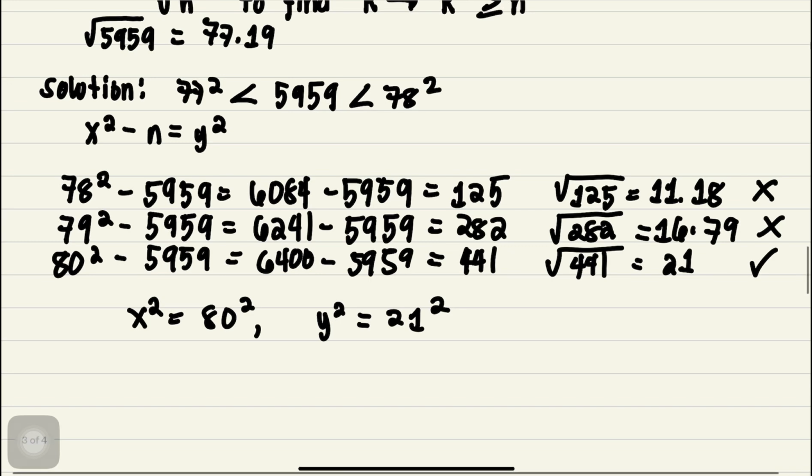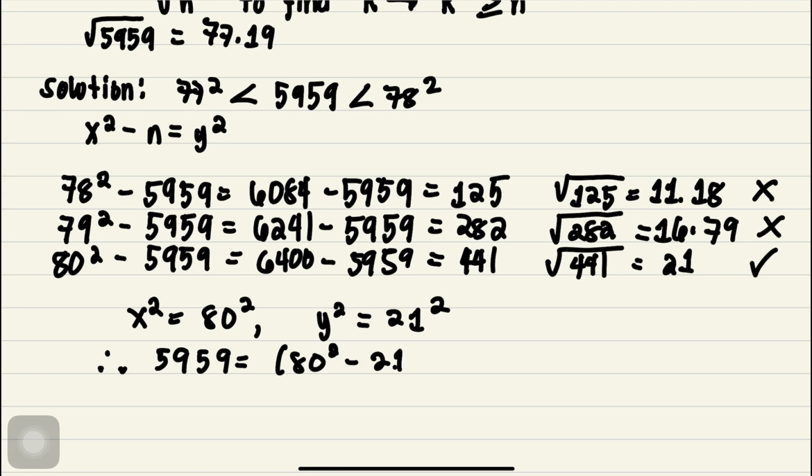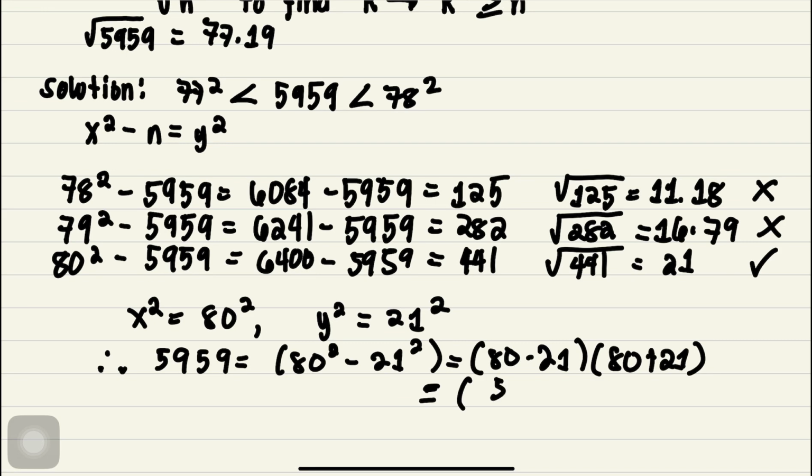Substituting the values into the formula, we have 5959 equals 80 squared minus 21 squared equals (80 minus 21) times (80 plus 21). So using Fermat's factorization method, we get that 59 and 101 are the prime factors of 5959.